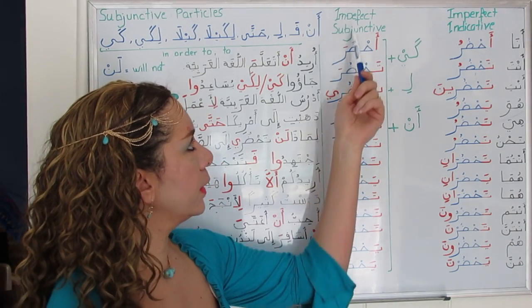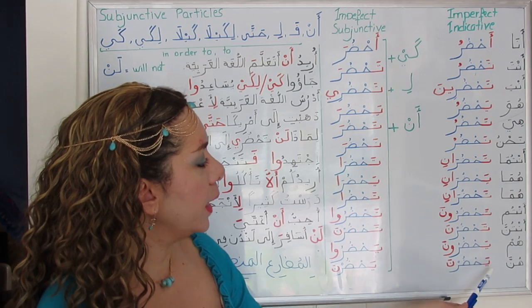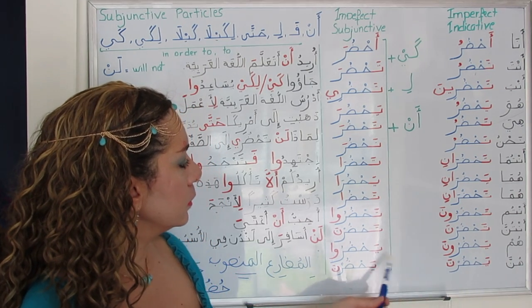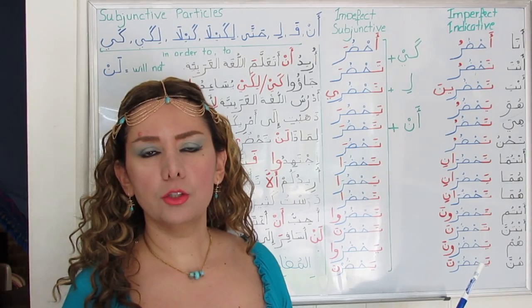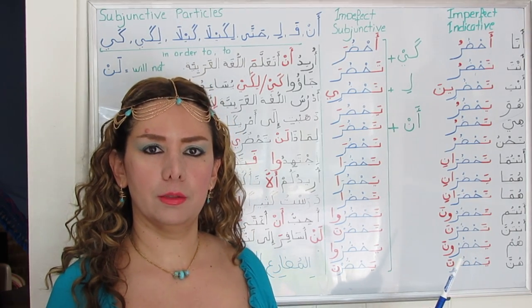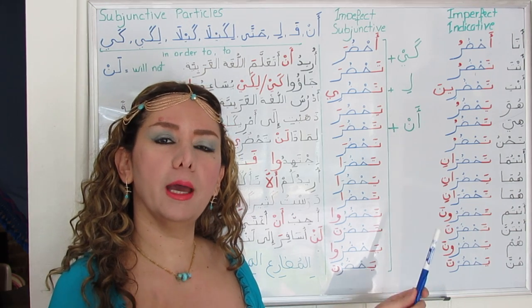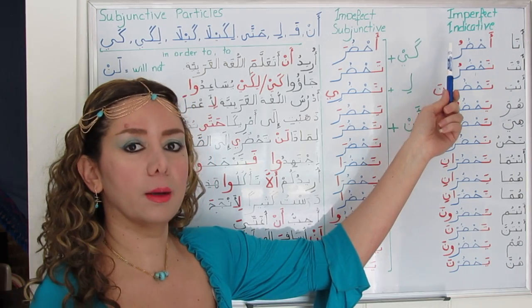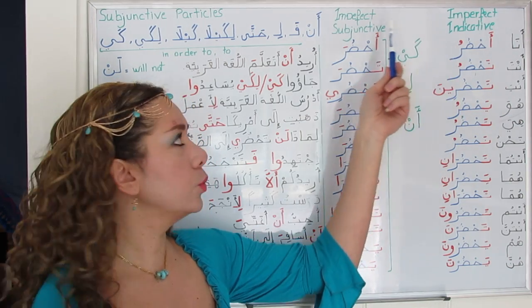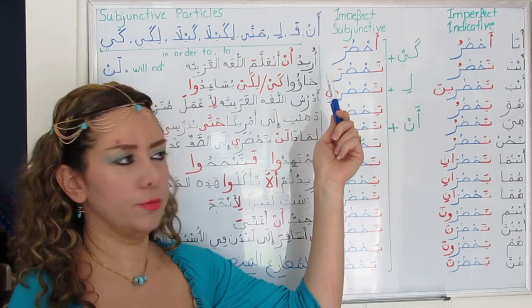For the imperfect subjunctive, if you compare it, you would notice that there is no change in the prefixes. There is a change only toward the end of the conjugated verb. Whenever you see dhamma, it will turn to fatha in the imperfect subjunctive.